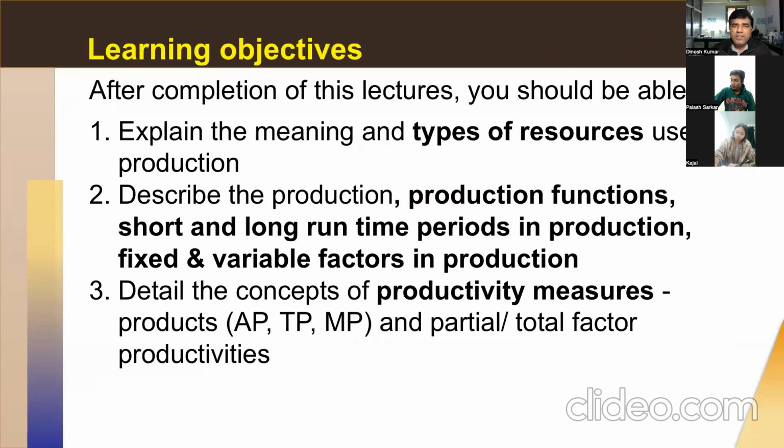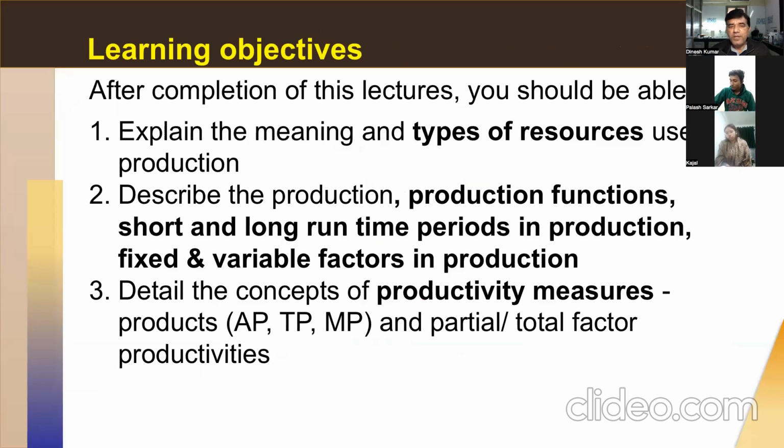Now, today we will discuss the meaning and types of resources, what is meant by resources in economics, and then we will describe various production functions, short and long-term time, what is meant by short-term, long-term, fixed and variable factors in crop production.